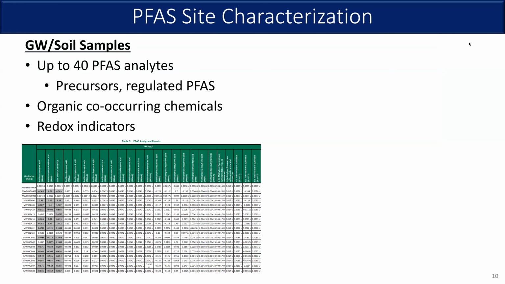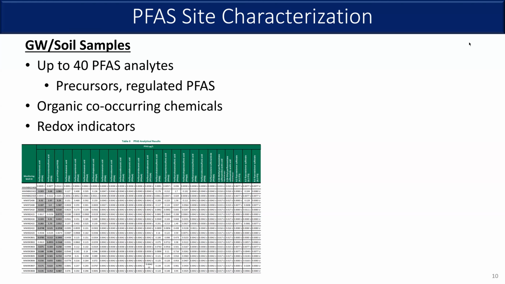So with site characterization, I'm sure a lot of you are familiar with the fact that at any site where we're collecting PFAS samples, we're now getting up to 40 analytes coming back from the lab with results for each sample. Sometimes we might need to look at if there's co-occurring chemicals like chlorinated solvents, hydrocarbons. They may affect remediation. Maybe they need co-remediation. And then redox indicators.